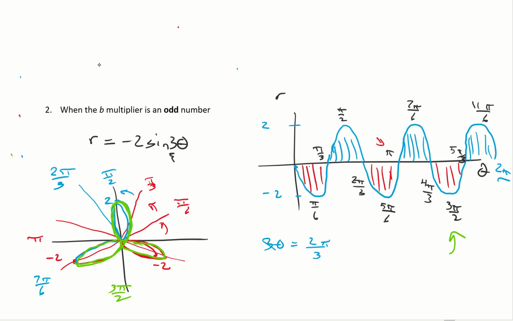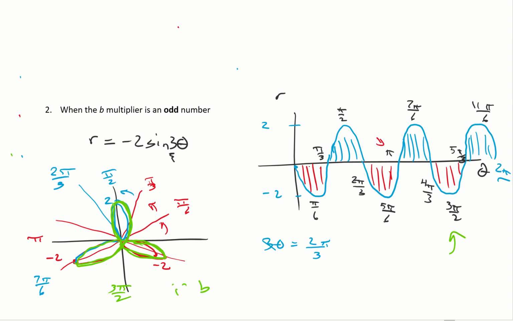And then it goes to 0. Then you swing through these guys, you're going to get positive, and then 0. And then finally you finish right there. What happens is, when it's odd, for some reason, because of the geometry and the trig, you swing through the petals twice. Okay, so let's write a note.